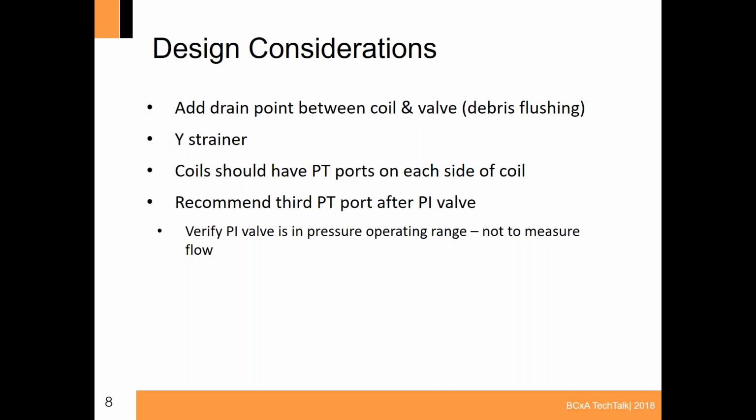And another one is recommend a third port after the PI valve, and that's to do the balancing side and commissioning side to measure pressure drop across the coil, because you use a different method of measuring and balancing the valve with the PI valve than you do with the traditional, okay? And again, verifying the pressure independent valve is in the pressure operating range, not to measure flow.